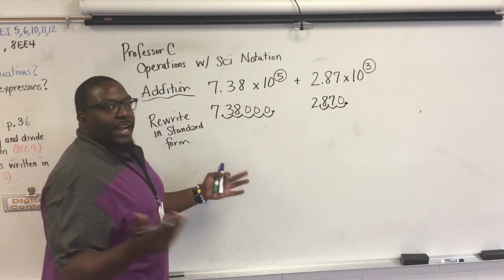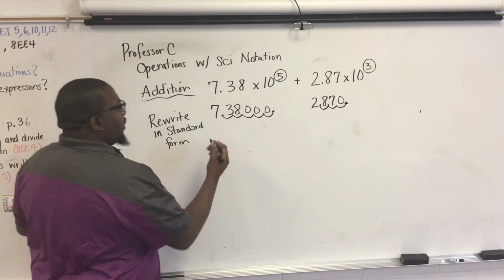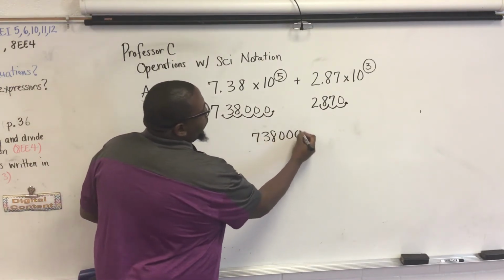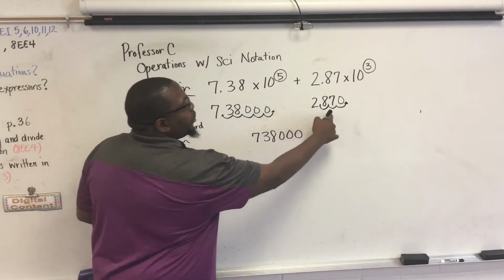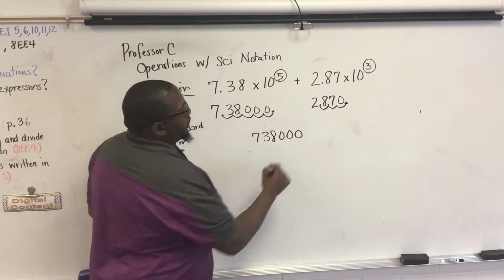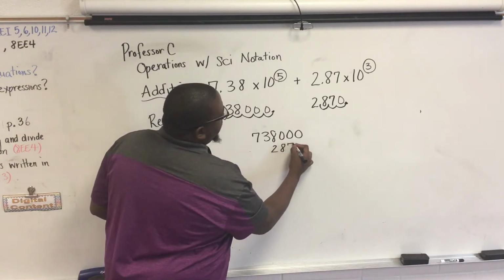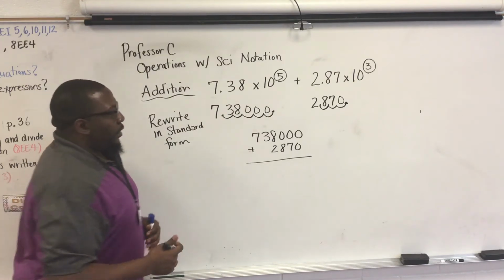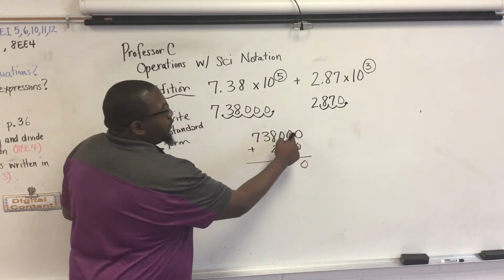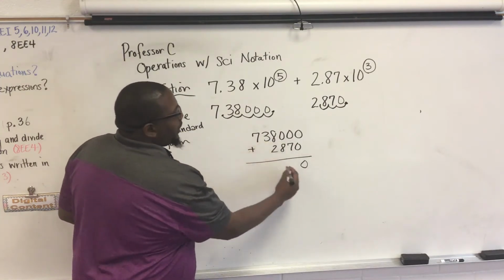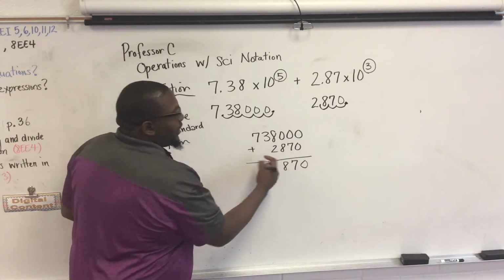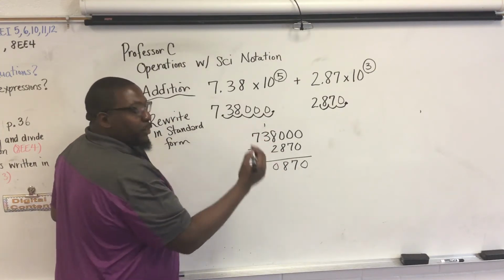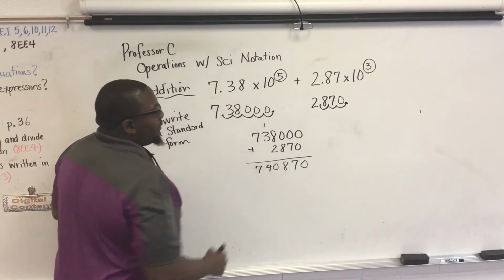Step 2 is to actually do the operation. So let's go ahead and add these two numbers. It's very important that you line up your numbers based on their place value. 0 plus 0, 0, 0 plus 7, 7, 0 plus 8 is 8, 8 and 2 is 10, 3 plus 1 is 4, and I have a 7.